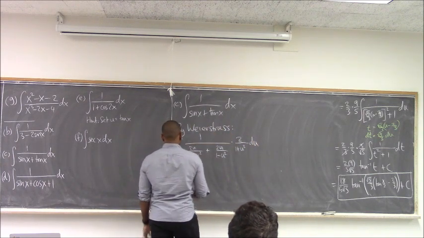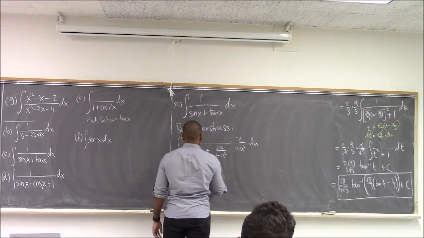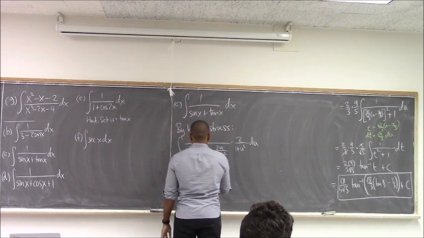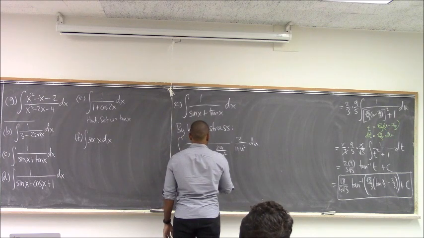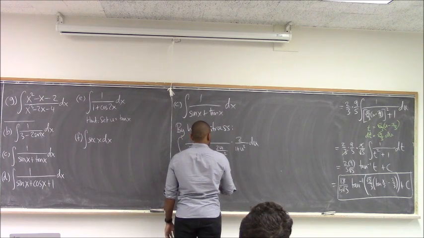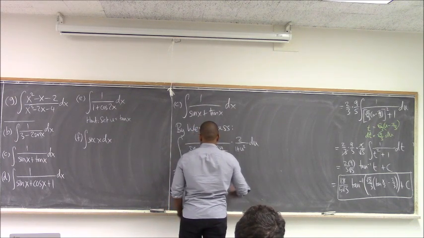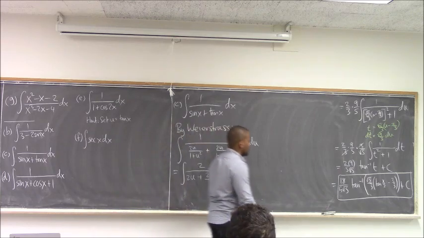So this is going to look like the integral of 2 over 2u plus 2u times 1 plus u squared over 1 minus u squared du. How did you deal with that?